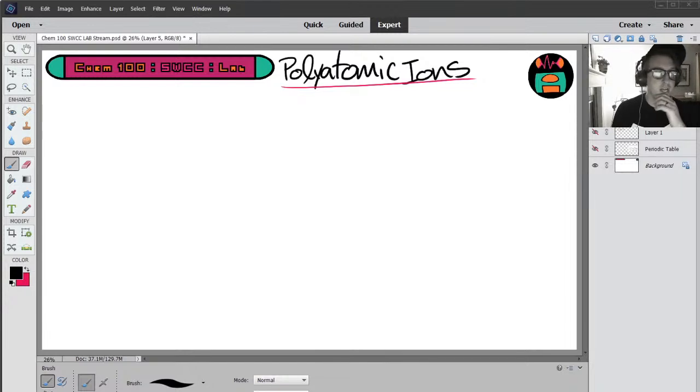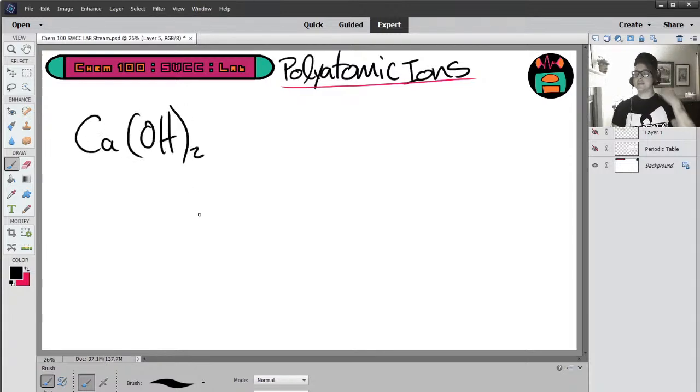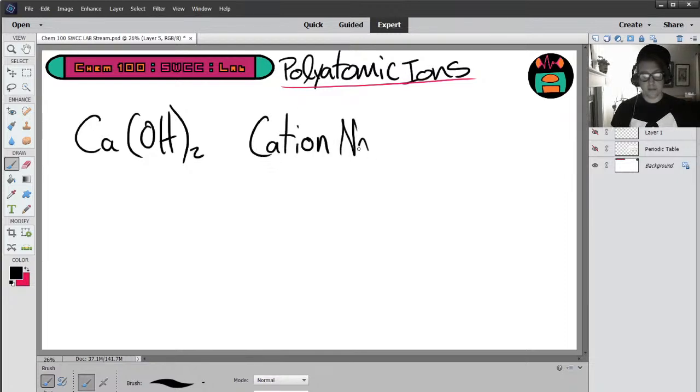So for example, if we were asked to name this ionic compound, when you're naming ionic compounds, they're always named the same. It's always cation name plus anion name.